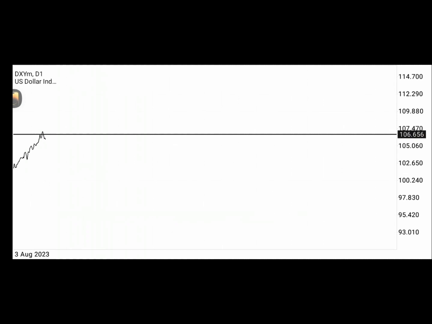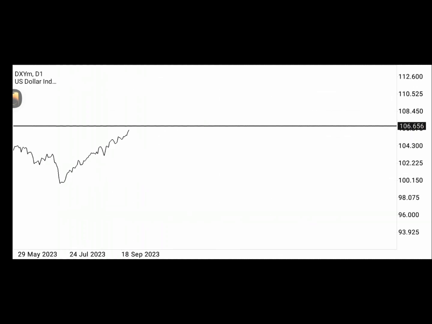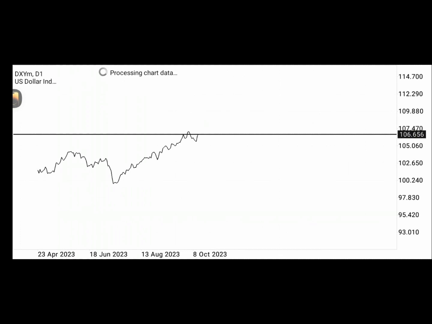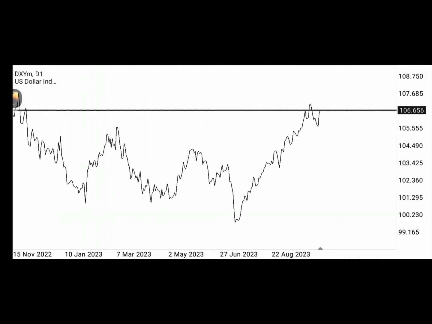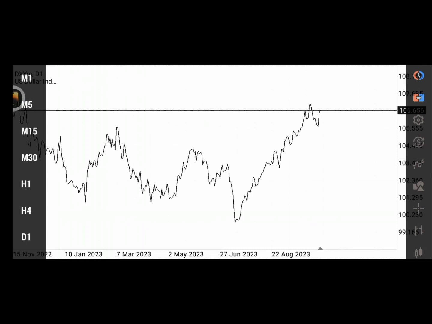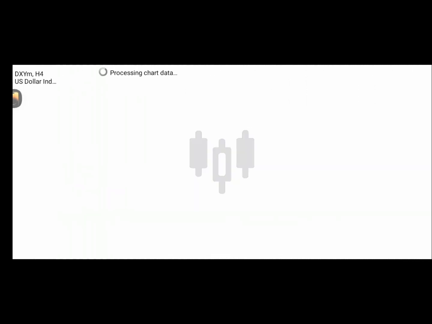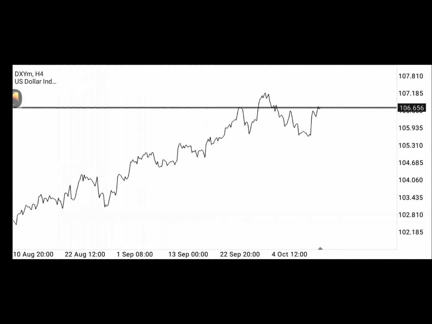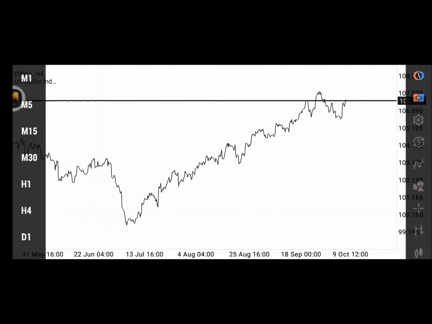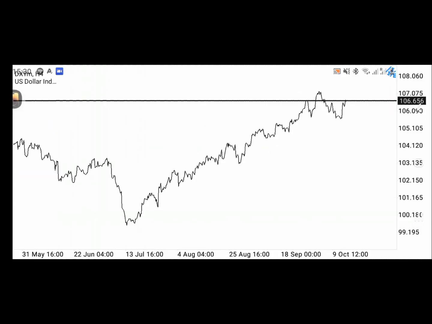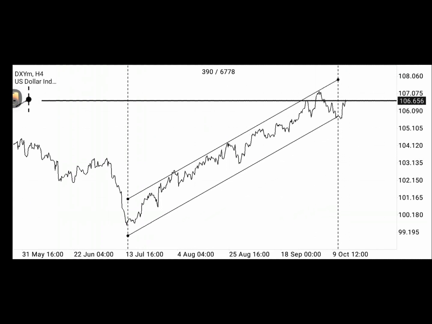DXY is showing me a promising selling opportunity as well at the price of 107 for the dollar index. But like I said previously, we have to wait for price to reach that structure. We don't know what happened during the weekend, but after watching this video, you can now conduct your own technical analysis and further process your analysis to go in line with what I'm showing you.